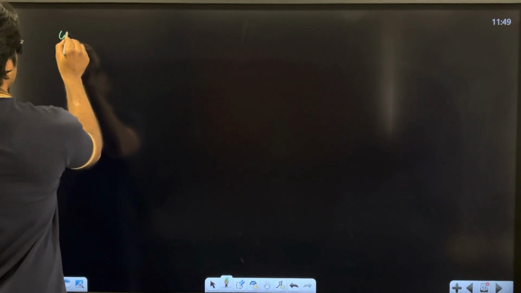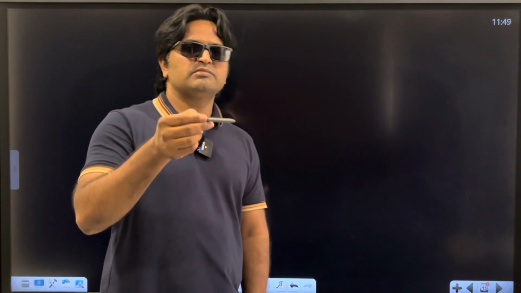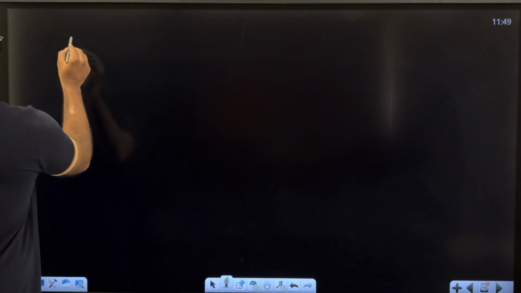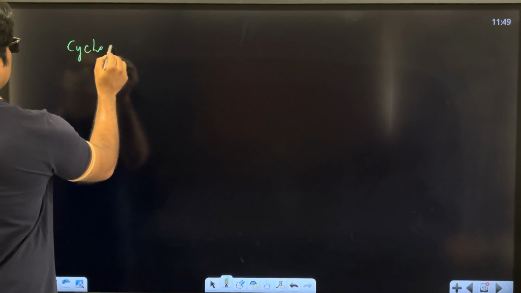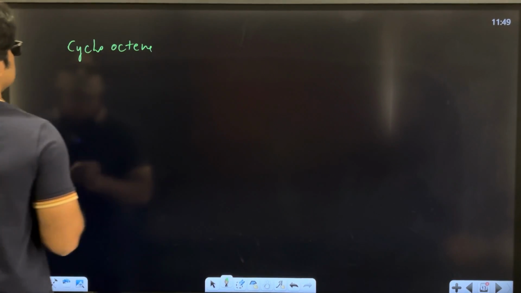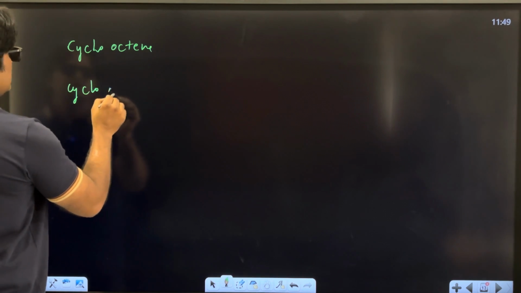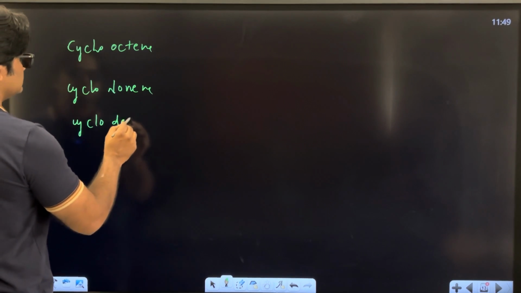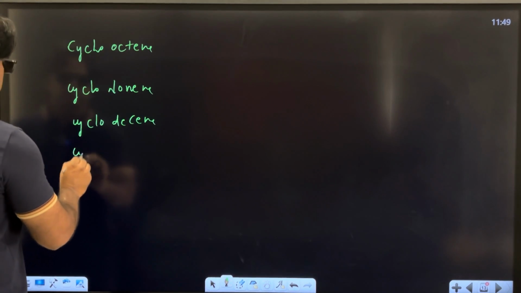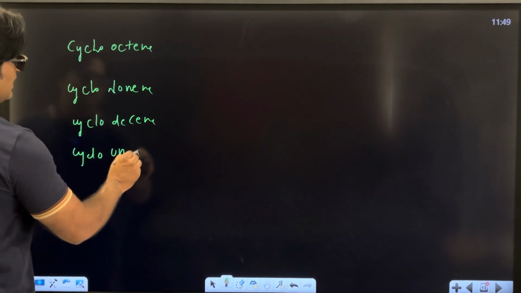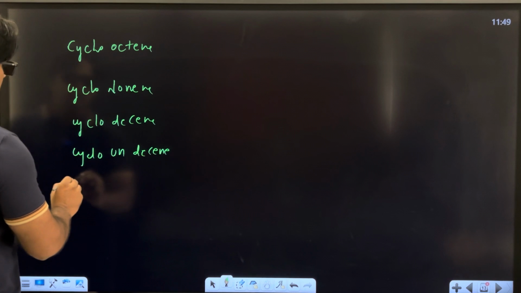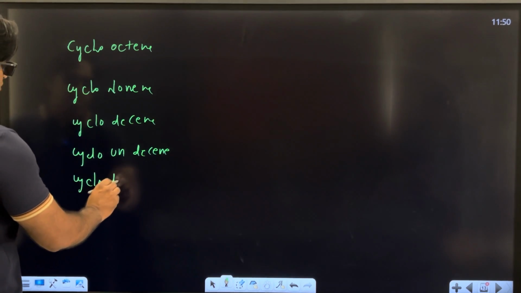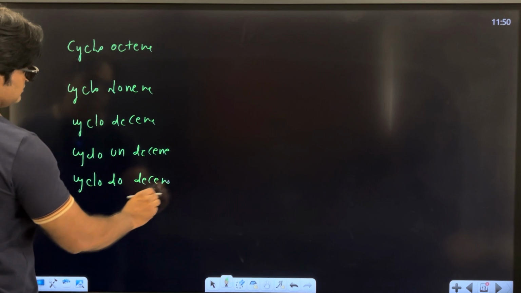Once again, no need to repeat, just look at the stability, wherefrom we observe geometrical isomerism about the double bond. Now cyclooctene, cyclononene, cyclodecene, 10 carbon atoms, cycloundecene, cyclododecene, and so on.